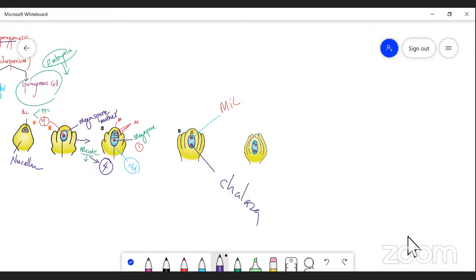I repeat once again, the functional megaspore is differentiated into 2 nuclei. One nucleus is pushed out towards the upper polar region and the other nucleus is pushed down towards the lower polar region, I mean the chalazal region.